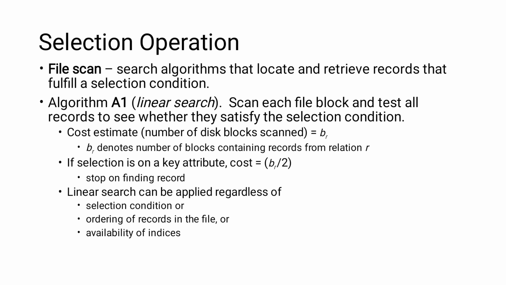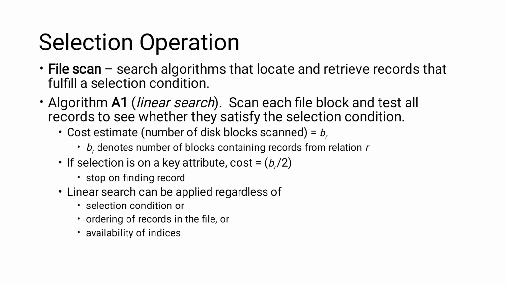For a selection on a key attribute, the system can terminate the scan if the required record is found without looking at the other records of the relation. The cost of the linear search in terms of number of IO operations is denoted as BR, where BR denotes the number of blocks in the file, and the selection on key attributes has an average cost of BR divided by 2, but still has a worst case of BR.